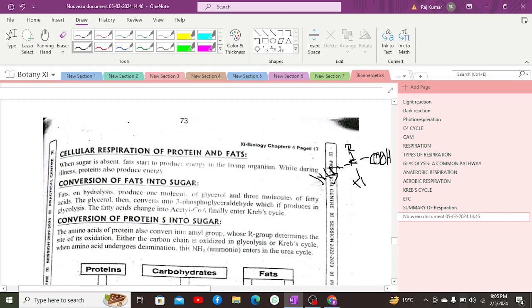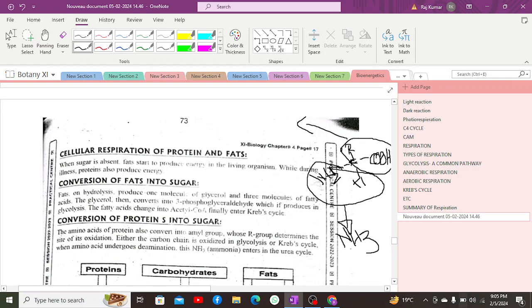Now the amine part will be taken during the deamination process, in which the amino acid will be converted into ammonia. Ammonia will be formed on one hand, while the rest of the structure will either go into the pyruvate part of glycolysis, or it will become acetyl CoA and undergo the Krebs cycle.